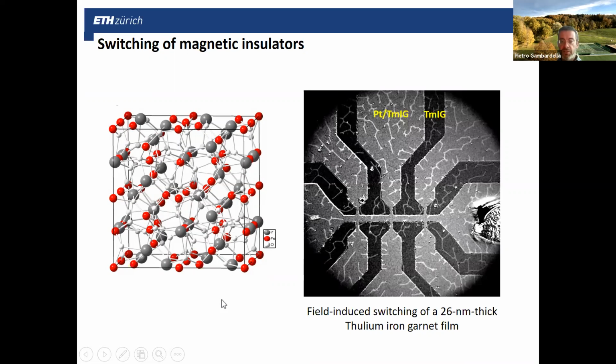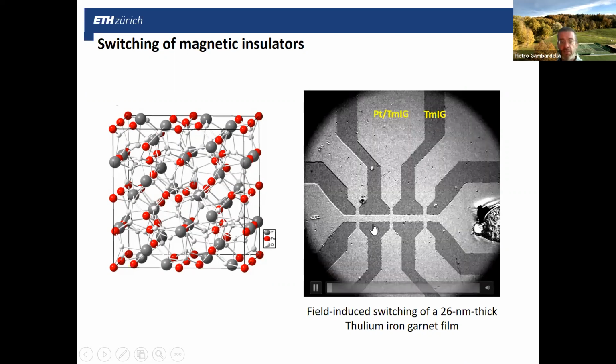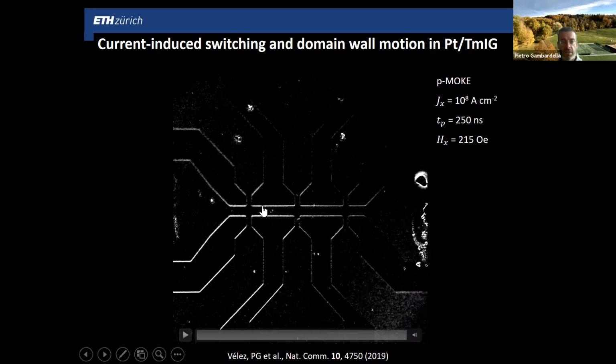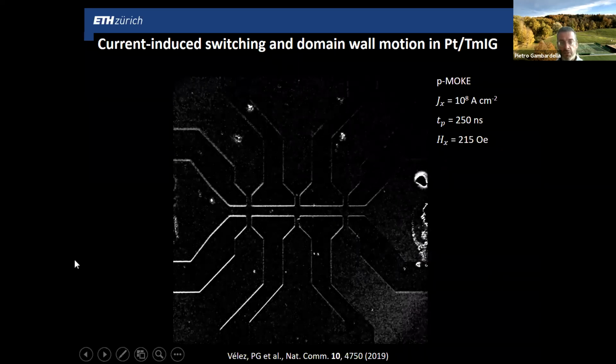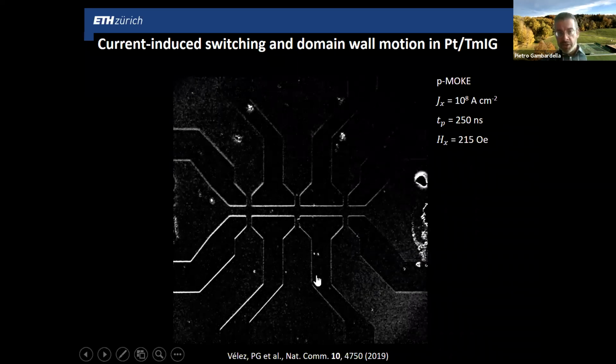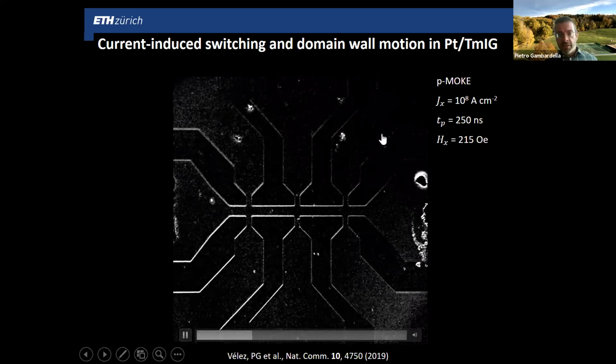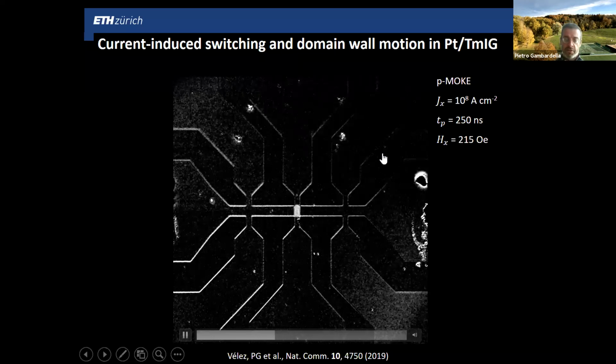Right? But it turns out that by pulsing the current in such a structure, we can control the magnetization in the garnet layer, but just below the current line. This is seen here. So now we have a similar system, only the thulium iron garnet layer is 8 nanometers thick.